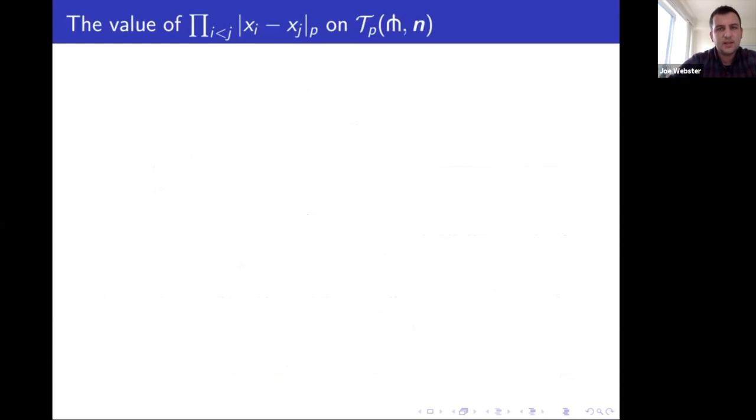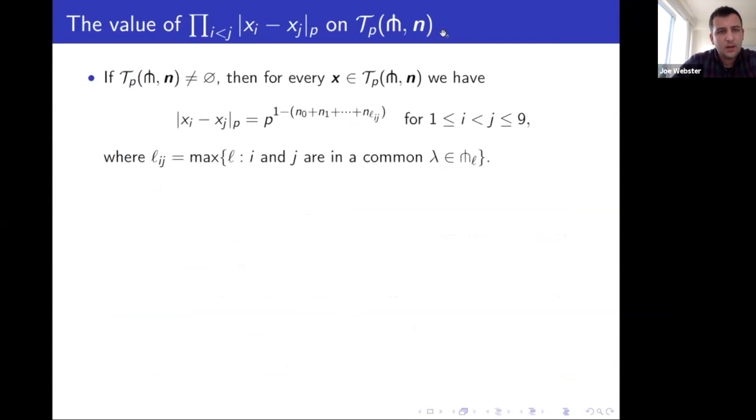Okay, so what is the advantage of thinking about this set that is attached to this pair? The advantage is that we can compute all of these distances explicitly for states that belong to such sets. So if this set happens not to be empty, then for every state in it, we can compute this distance explicitly.